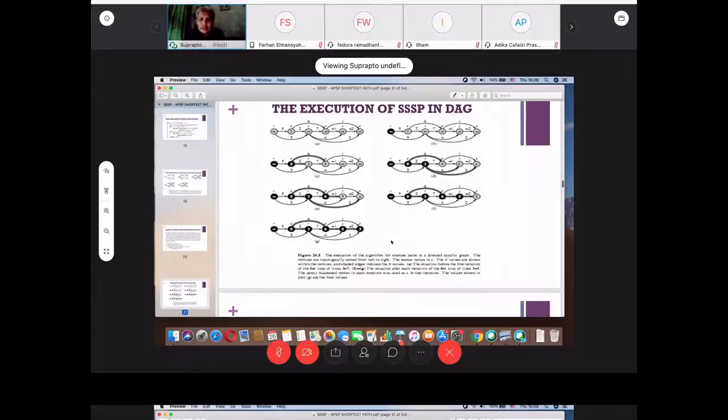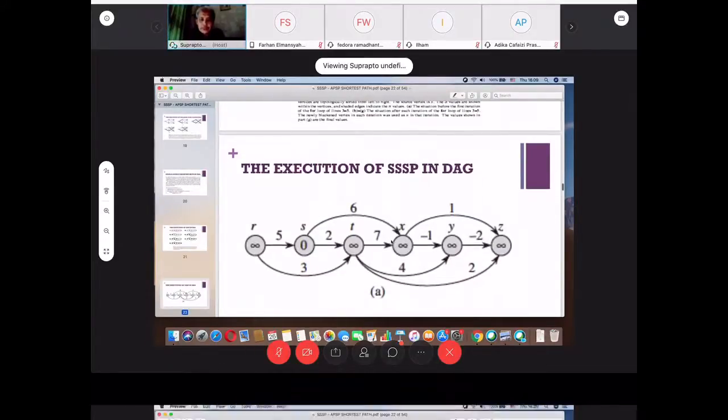Let's see the bigger one. This is the result of the topological sort. See, unfortunately, we are not given the original graph before it was sorted topologically, because this is the result of topological sort, right? And all vertices are already arranged in a horizontal line according to the occurrence, right?